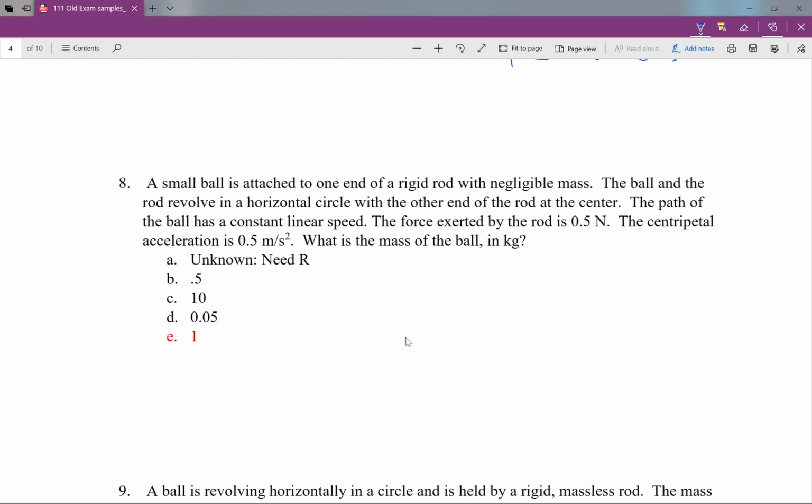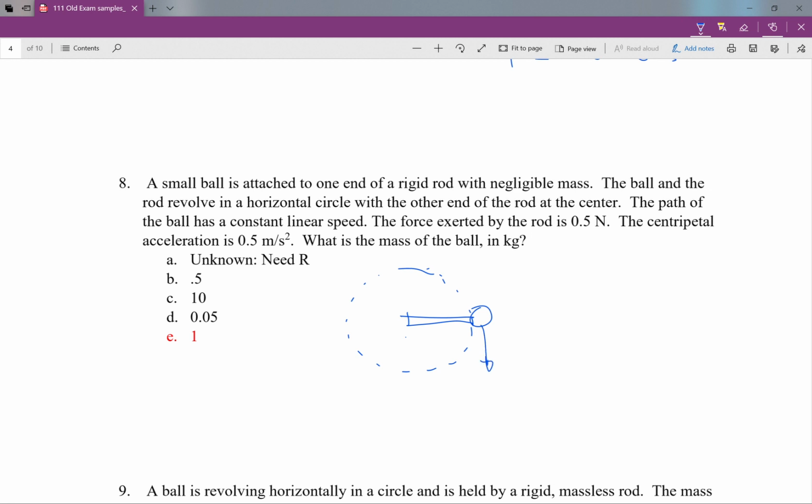Now, let's see. We know that we have something like this. It's going to be a horizontal circle, and there is a rod of negligible mass with a ball attached to the end of it.